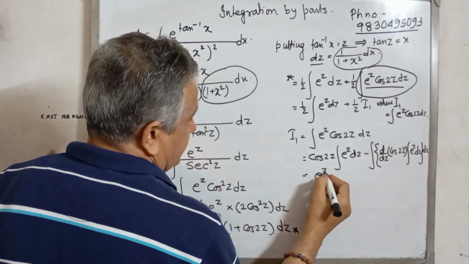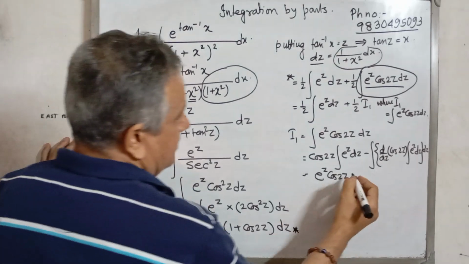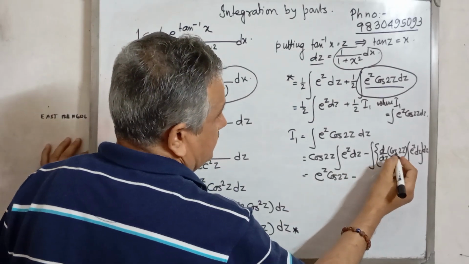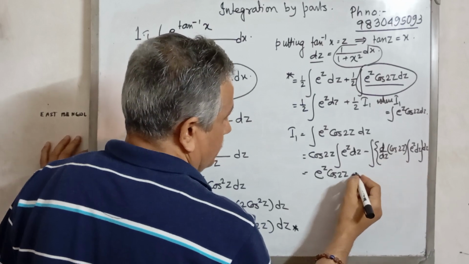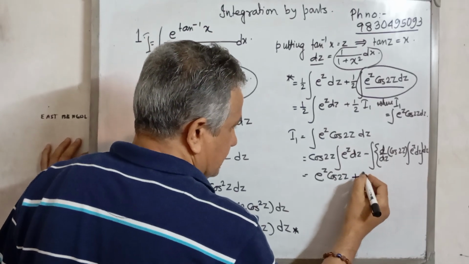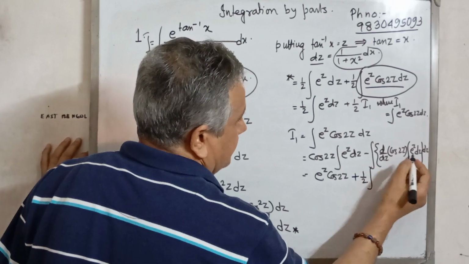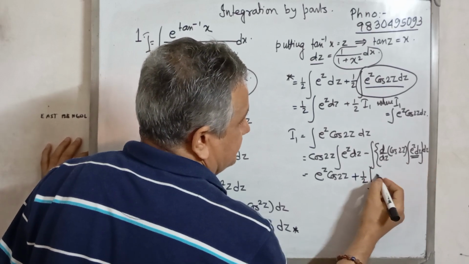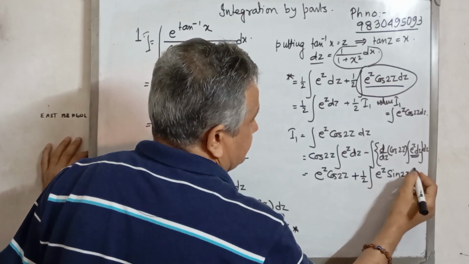Integration of e to the power z is e to the power z, minus, and d by dz of cos 2z is minus sin 2z into 2. So minus minus plus, 2 sin 2z, e to the power z dz.